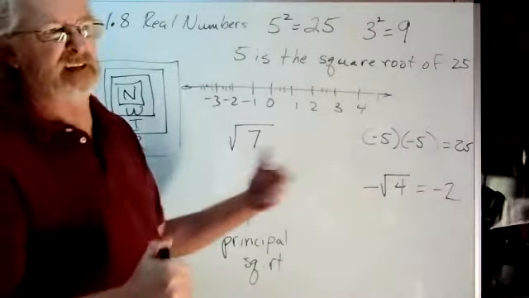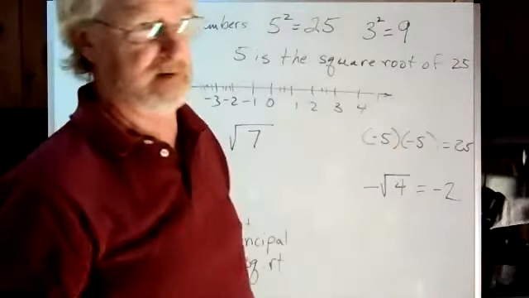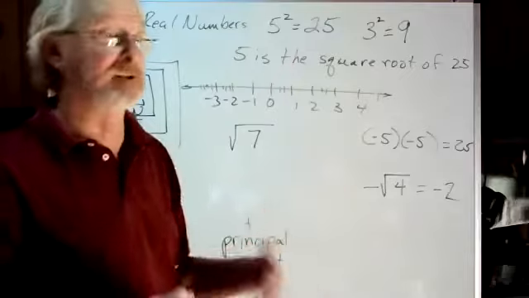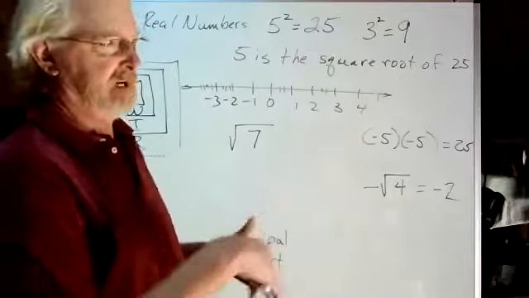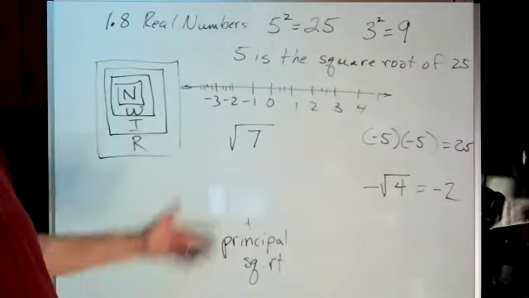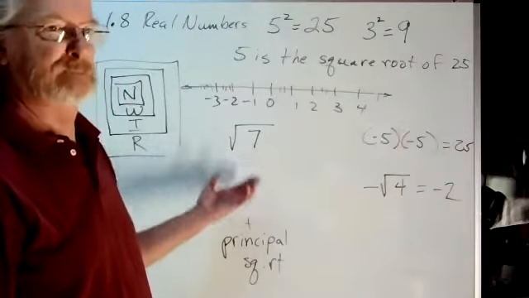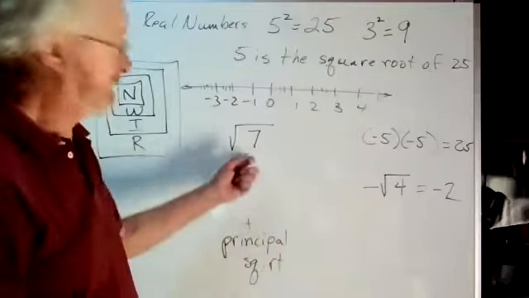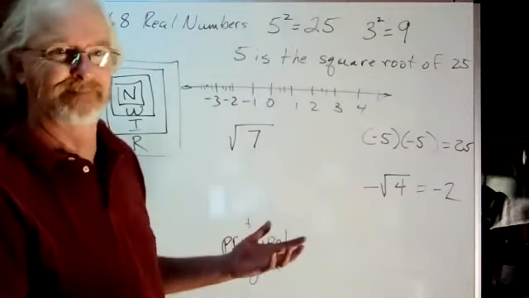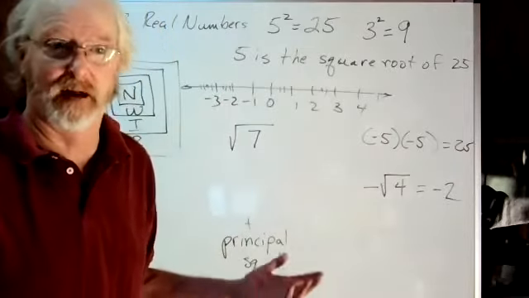It would be a decimal that goes on and on and on forever, non-terminating and non-repeating. There's no pattern. The decimal just keeps going, right? There's no way to express this exactly other than just like that. So there's no fraction I can make.